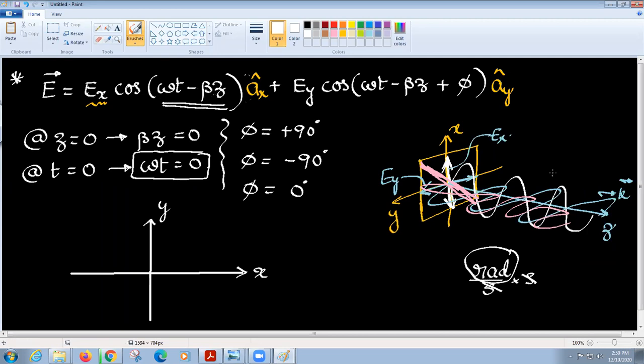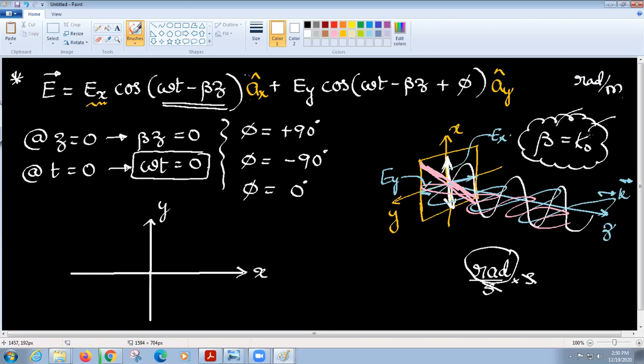Otherwise, say the wave is propagating in free space, I can take beta equal to the wave number k naught. In a lossless medium with TEM propagation, I can take the wave number as the phase constant. There is no big deal in that. Both have units of radians per meter.